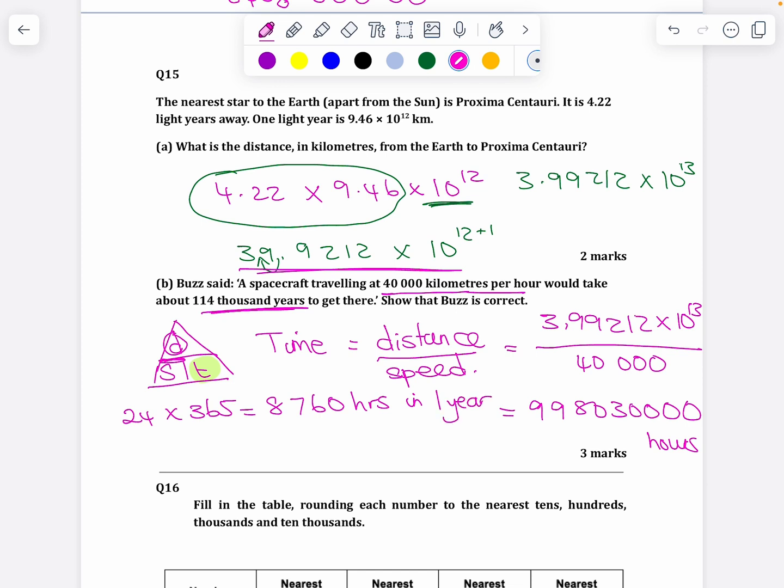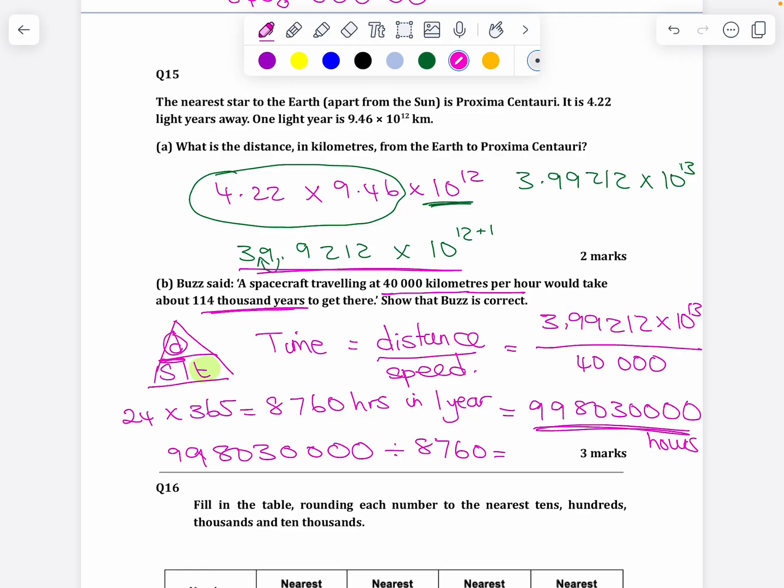So for our final answer, to turn this into years, we're going to take this number here, 998,030,000, and divide it by 8,760.